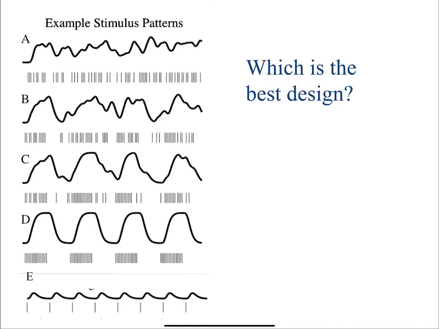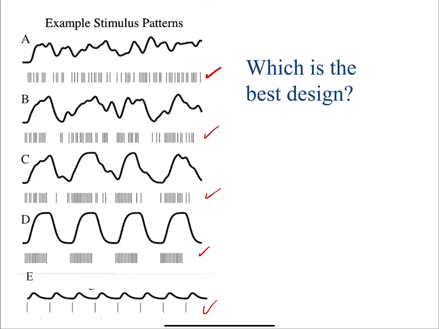So let's do this the old-fashioned way. There are 5 designs here. I want you to look at them, and each of these is a different stimulus pattern. What I've shown is the BOLD response to each of the stimulus patterns. Just think about this for a minute, and we'll take a rough poll. Who thinks A, B, C, D, or E is the best design? Who thinks A is a good design?